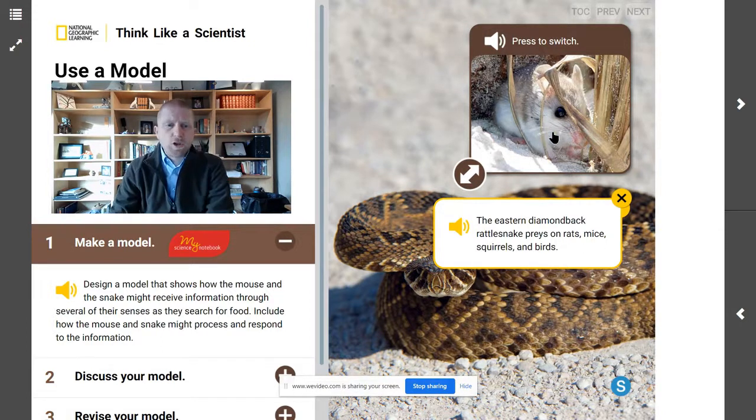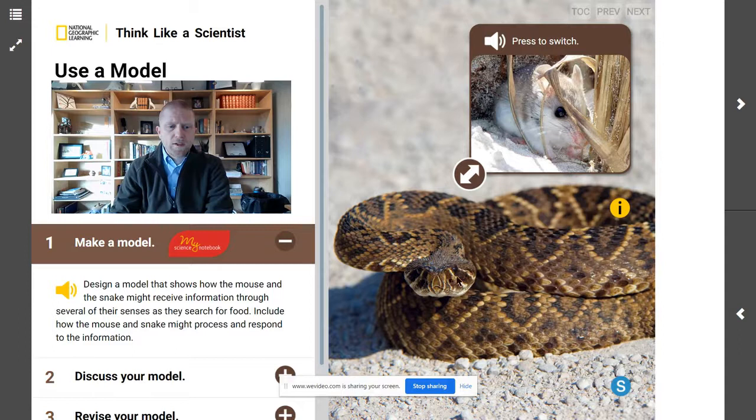What other things do you notice that are different between the snake and the mouse? Oh yeah, that mouse is definitely smaller. The snake is larger. The eyes are much smaller on the snake than on the mouse. Yeah, we can tell that the mouse has fur and this snake has scales. That's another great point.